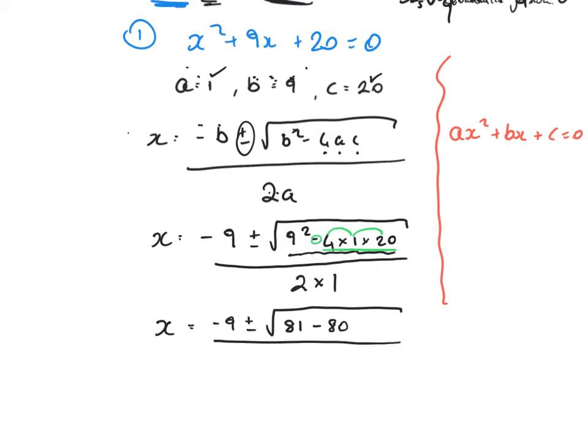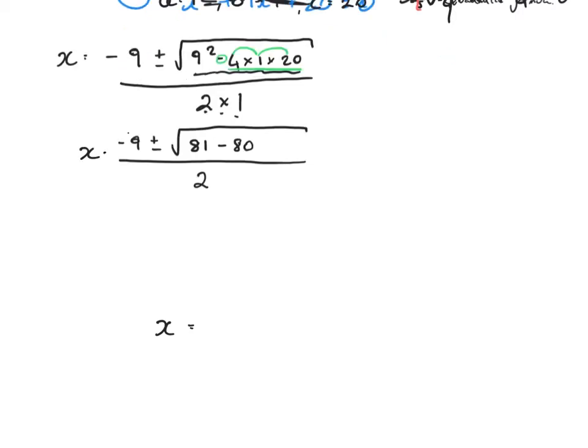All divided by 2 times 1, that's just 2. Okay, let's keep going. So that will be minus 9 plus or minus the square root of 81 take away 80, so that's just 1. And that's all getting divided by 2.